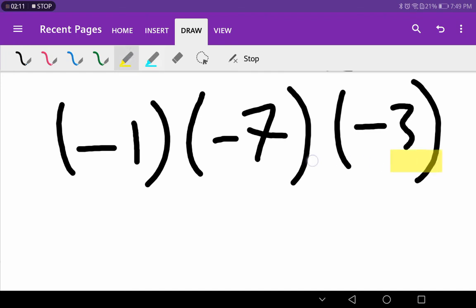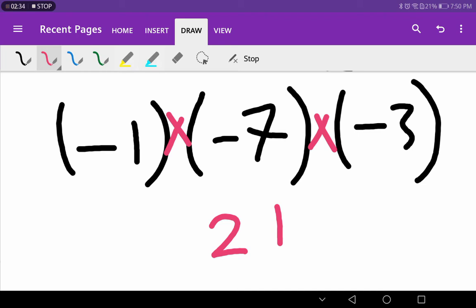Yes. So from here and here, it is a positive sign. Also, some students think this is add or subtract. Actually, it is multiplication. So multiply 1 by 7 equals 7, multiply by 3 equals 21. What about the sign?